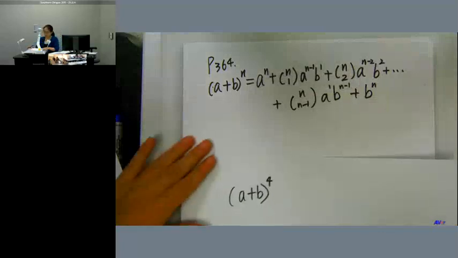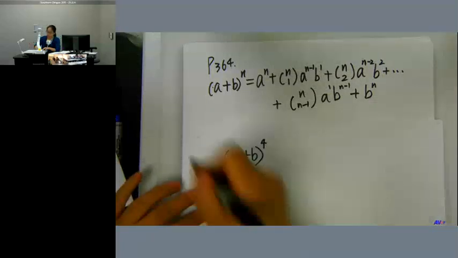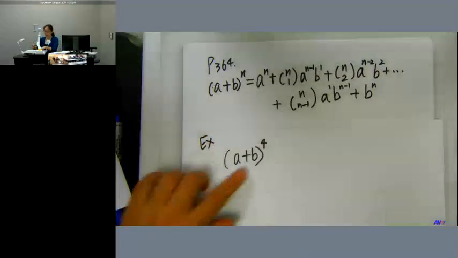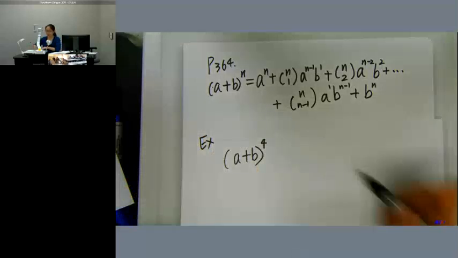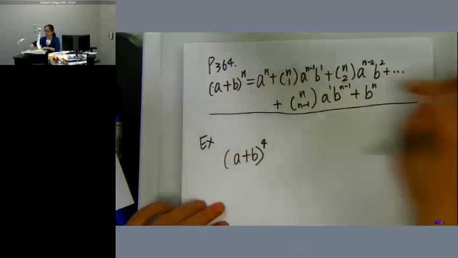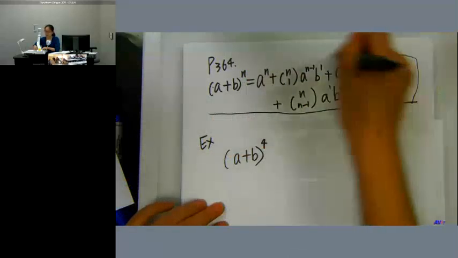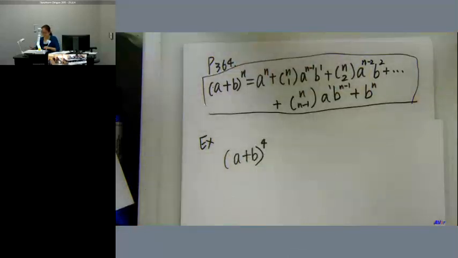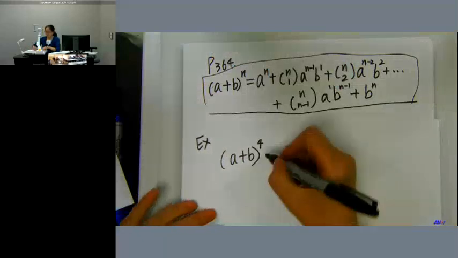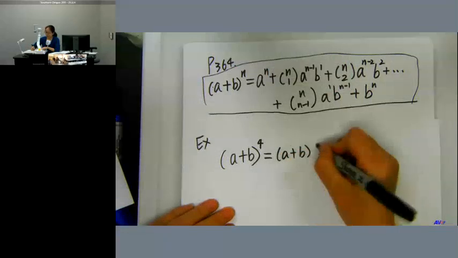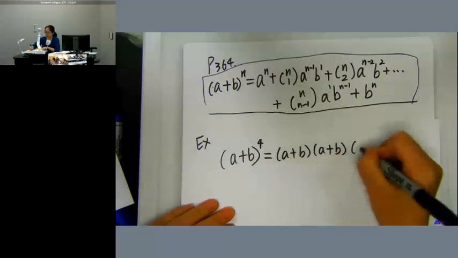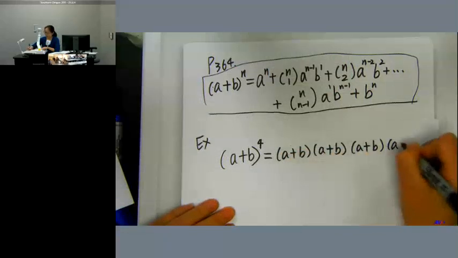So let's take a look at this example. If I want to do a plus b to the 4th, the idea for others is similar, and it will help us understand how we got this complicated-looking formula. So remember, before we have this formula, the only way we can do this question is to multiply this 4 times.